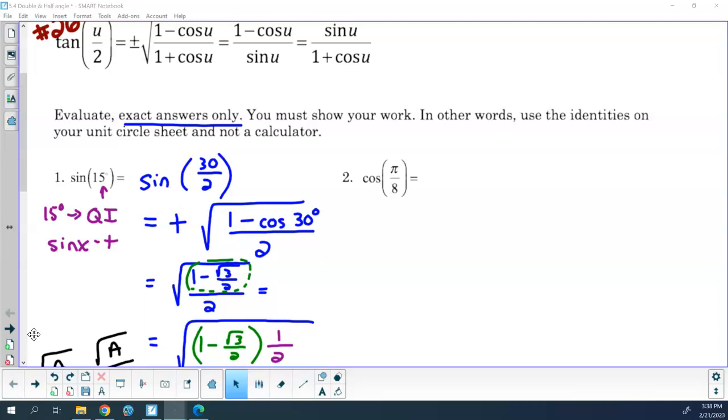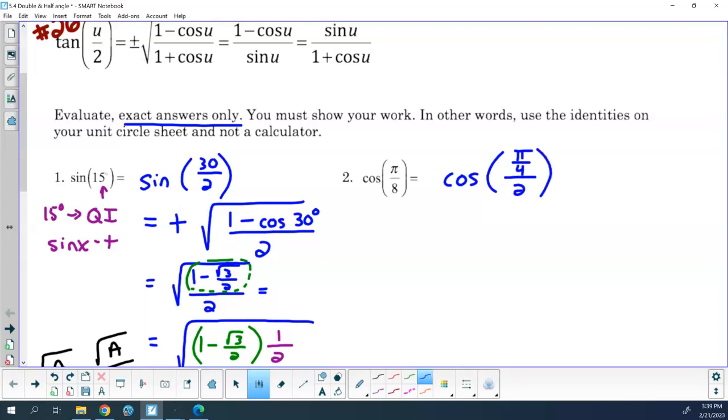Let's try a cosine one. Okay? So the cosine of pi over 8 would be like the cosine of pi over 4 divided by 2, which now I'm utilizing number 25.